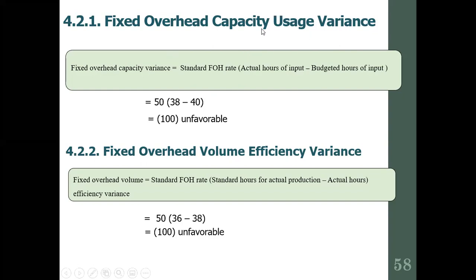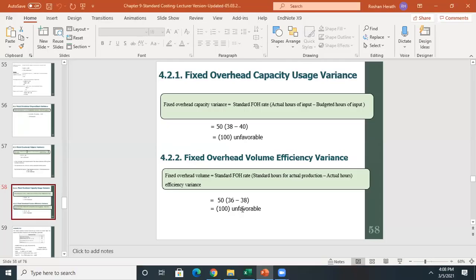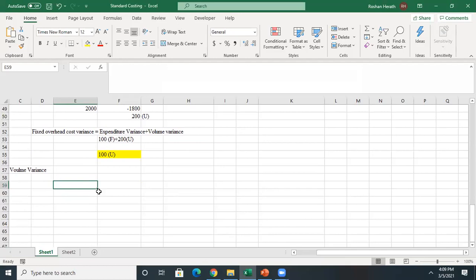When it comes to the capacity usage, you are going to take the actual hours into the standard overhead absorption rate, I would say, and here budget into the standard overhead rate. So it's about the budget versus the actual situation. And for the fixed overhead volume efficiency variance, you can take the standard fixed overhead into standard hours into actual into standard. So let's work that out, then only it makes perfect sense. Otherwise it may not be that clear.